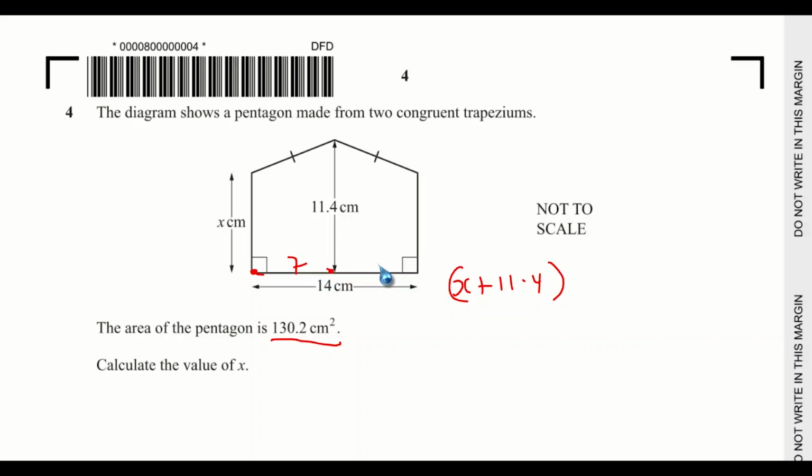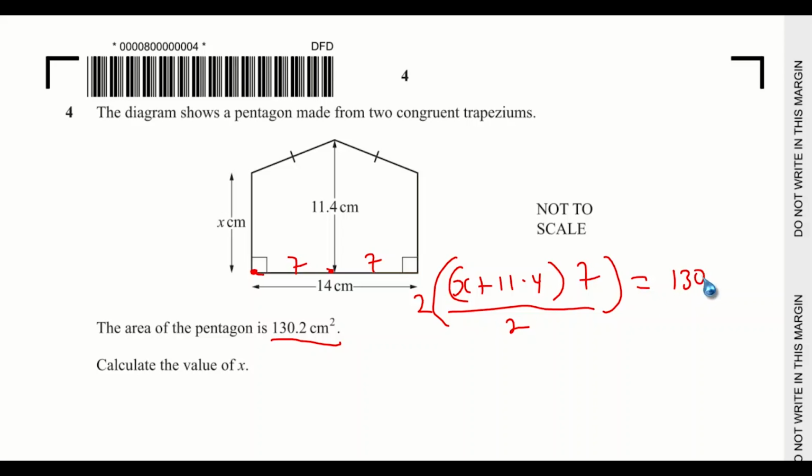Since they are congruent, they will be equal. So multiply by 7, then divide by 2. So this is the area of one trapezium. Now if you multiply the whole of this by 2, this will be the area of the two trapeziums, which is equal to the area of the pentagon.